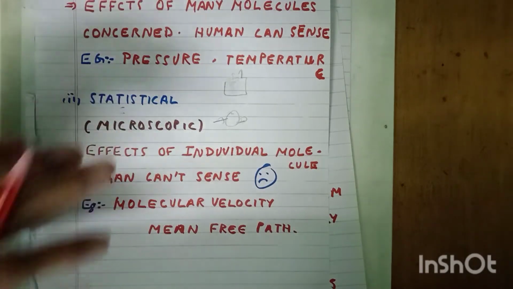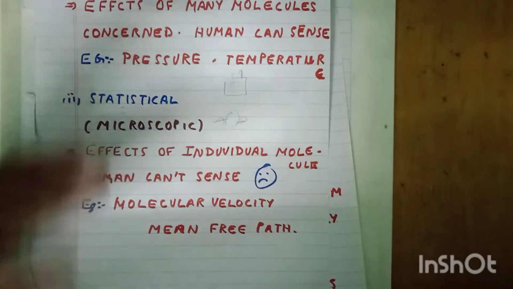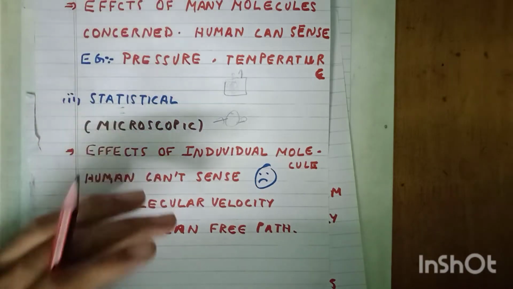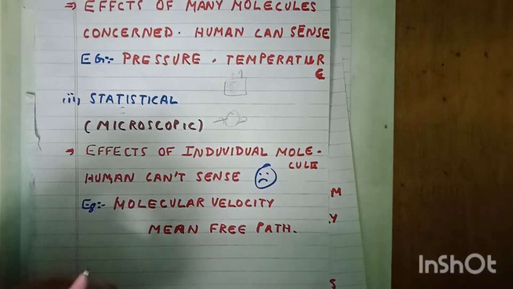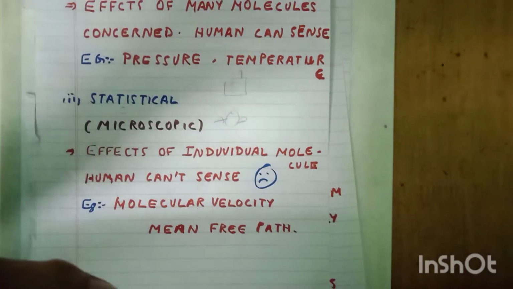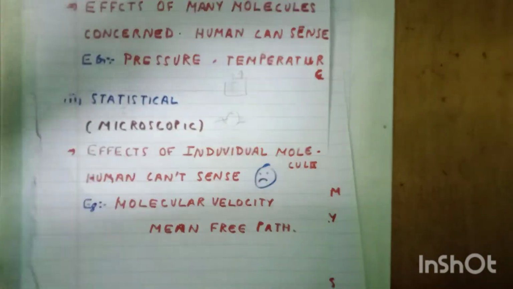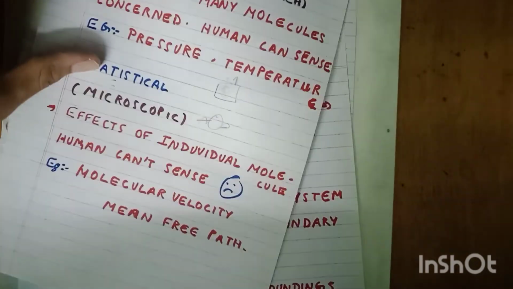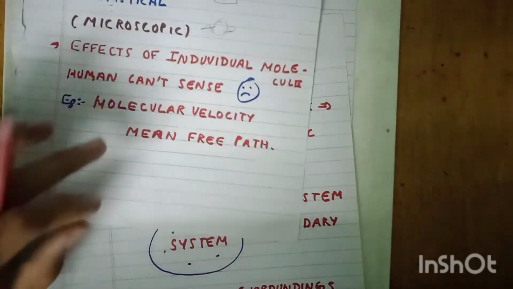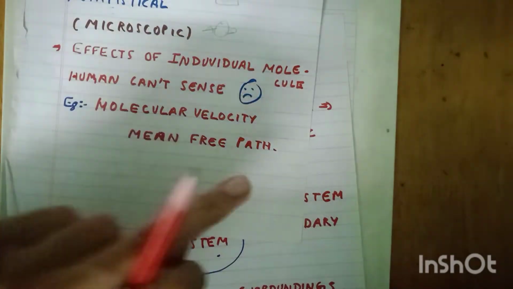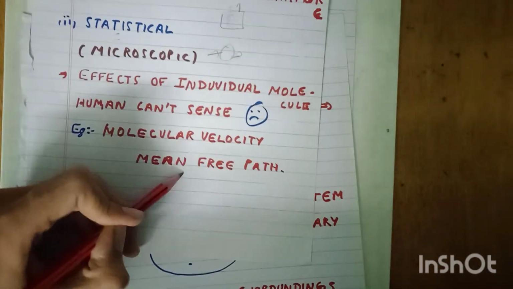So statistical thermodynamics is studying a system based on the microscopic approach, at the individual molecule level. The examples are molecular velocity and mean free path.